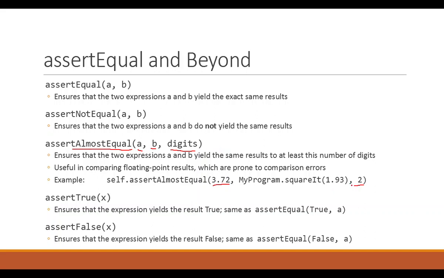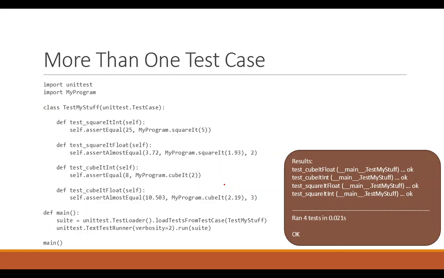In this case, you could certainly go all 4, but I'm just giving you an example. You can say, hey, these are about the same. So if you're comparing the results of floating point math, it's a good idea to use almost equal and make sure you go out to a certain number of digits. That's a very convenient thing. So when we go back a slide, you can actually see almost equal used here, and almost equal used here.